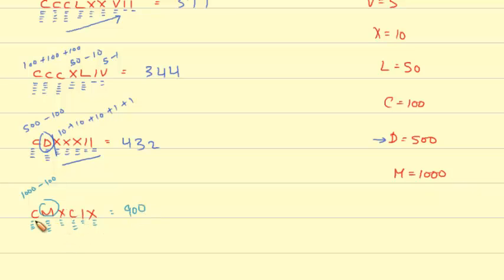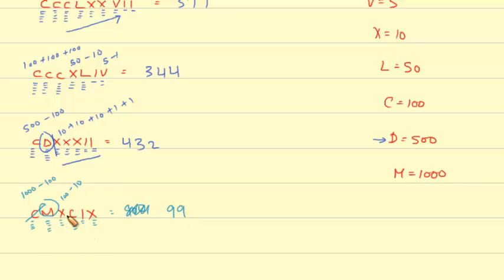And then once again, let's go to our next greatest value, which is a C. We already used the C right here, but we have another one. So C, which is 100, but there is an X before that, which is lesser in value. So 100 minus X, which is minus 10. So that's 90. Should have just written the 9.